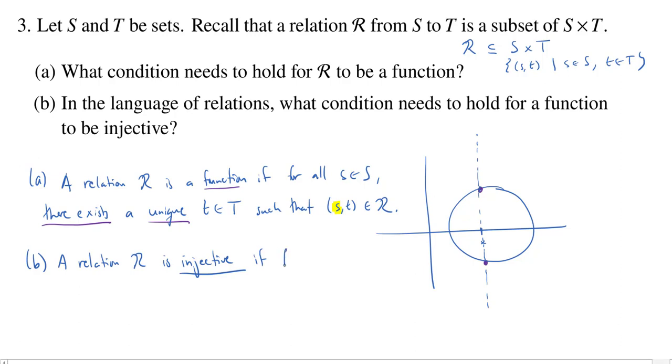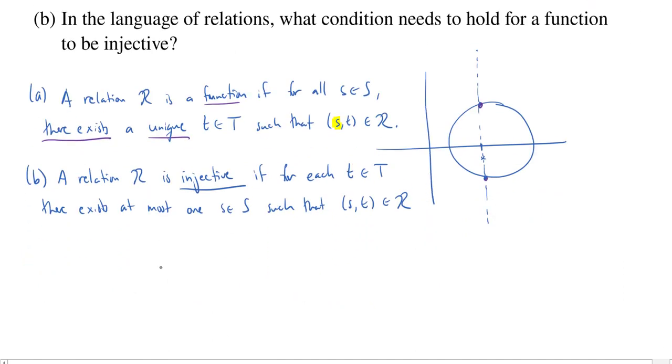So if for each T in T there exists at most one S in S such that S comma T is in the relation. This doesn't mean that everything in T has to be hit by something. For each T in T, there could be nothing that goes to it. But if there is something that goes to it, there's only going to be one thing that goes to it. So this is our definition of injective.